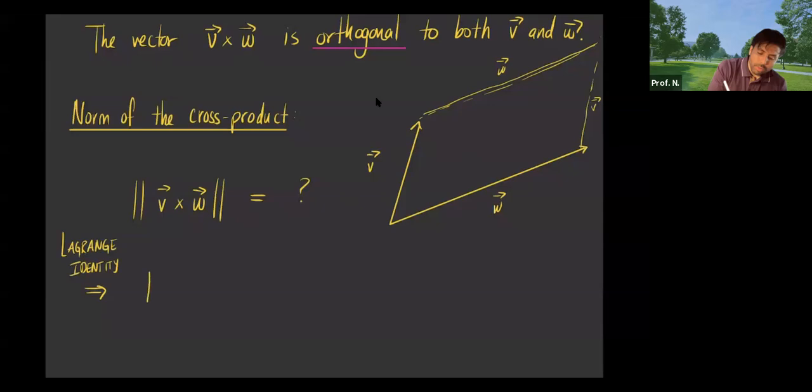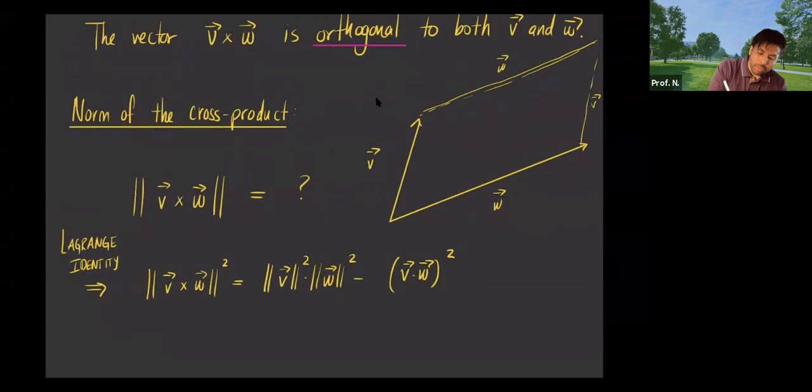It says that the norm of the cross product of v and w, squared, equals the norm of v squared times the norm of w squared minus the dot product of v dot w, squared.